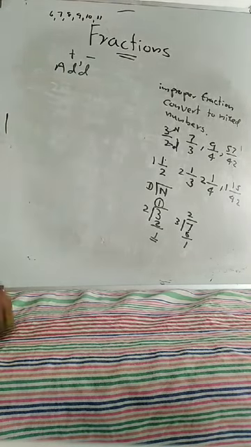Now you can say this is the whole number, this is the fraction. In this, the denominator is 2, so write denominator 2. Next step, multiply this 2 by the whole number: 2 times 1 is 2. Then add the numerator 1 to the result: 2 plus 1, 3. Then 3 upon 2.